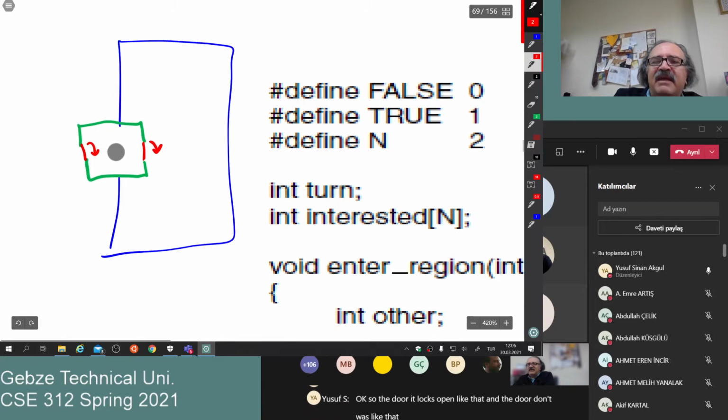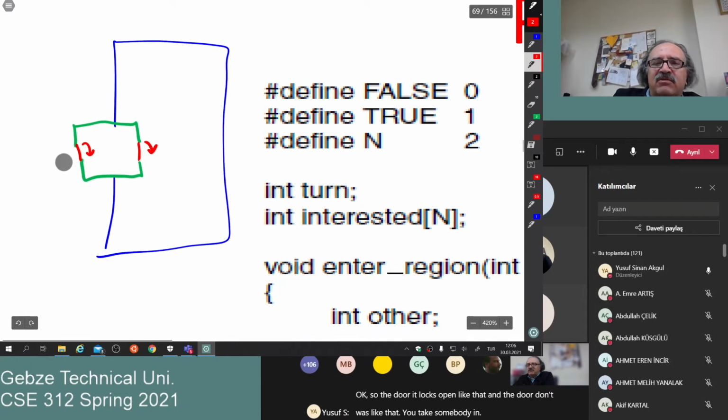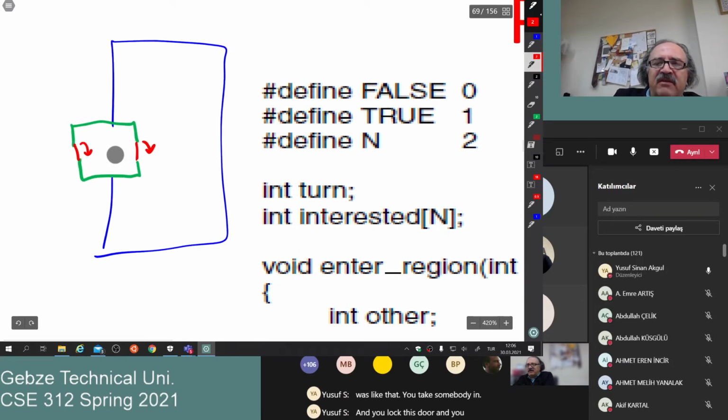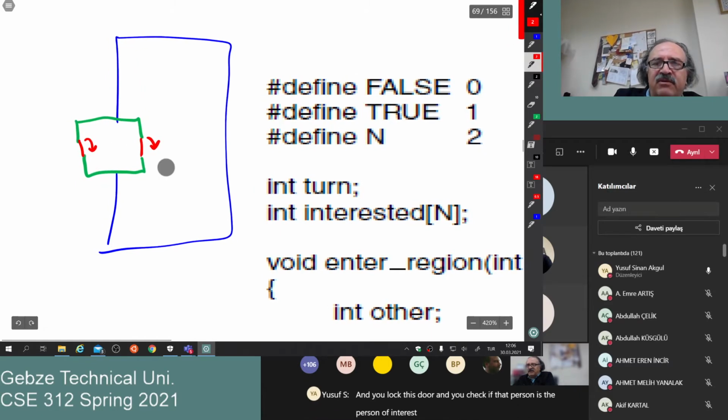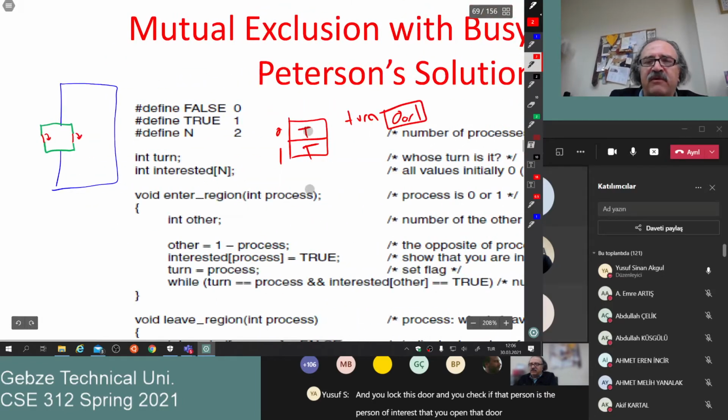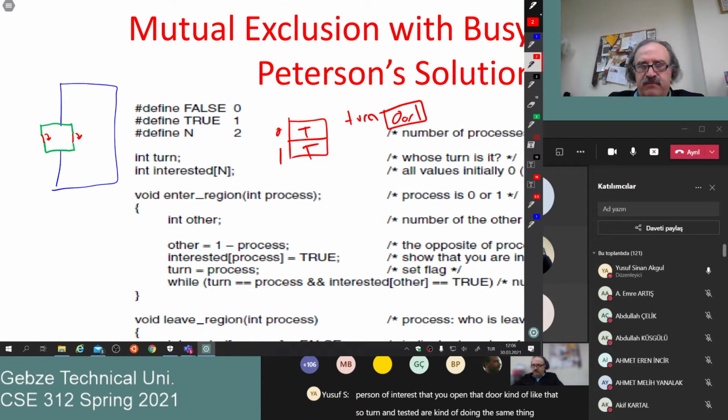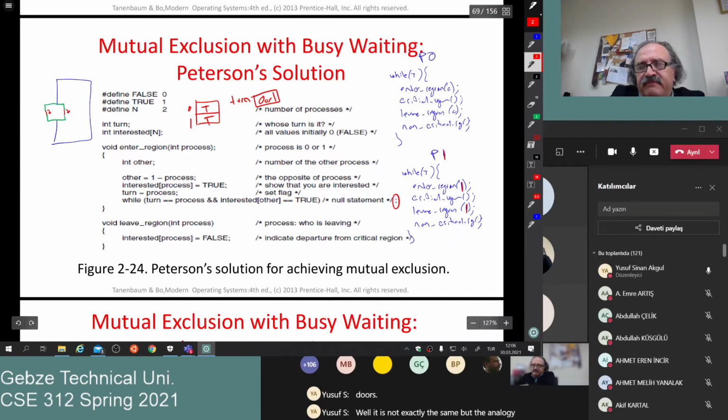You take somebody in and you lock this door, and you check if that person is the person of interest, then you open that door. So turn and interested are kind of doing the same thing, like double doors. It is not exactly the same, but I hope the analogy helps you to understand it.